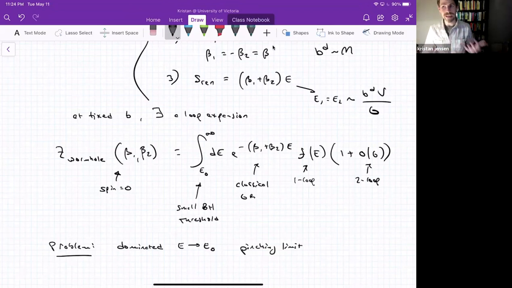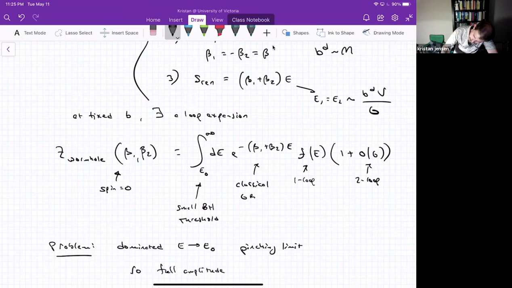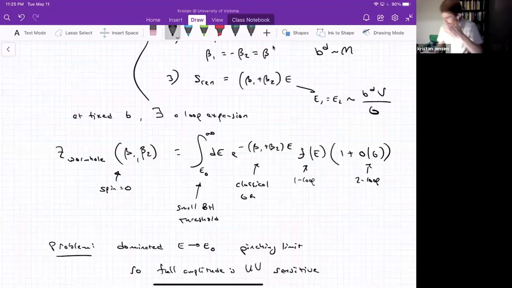So if you actually want the amplitude, that's UV sensitive. I'll have more to say about that a little bit later.